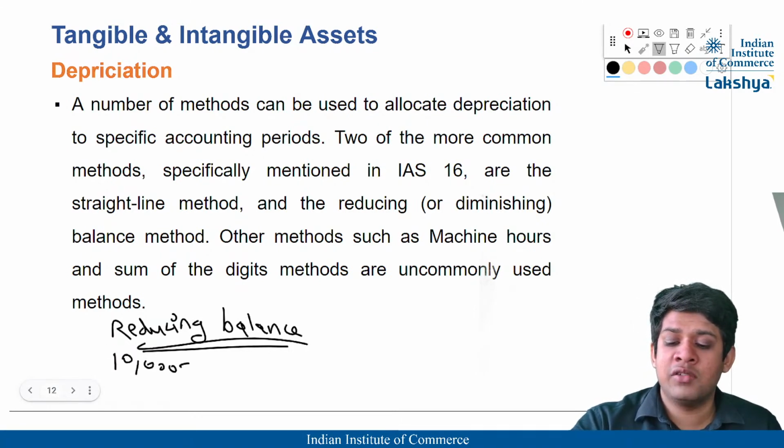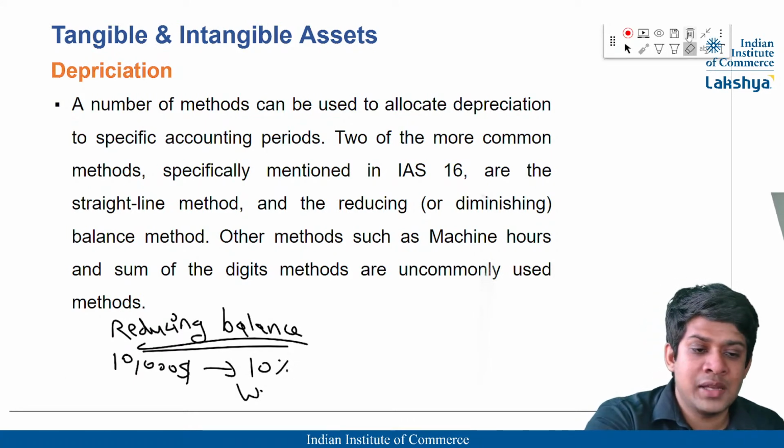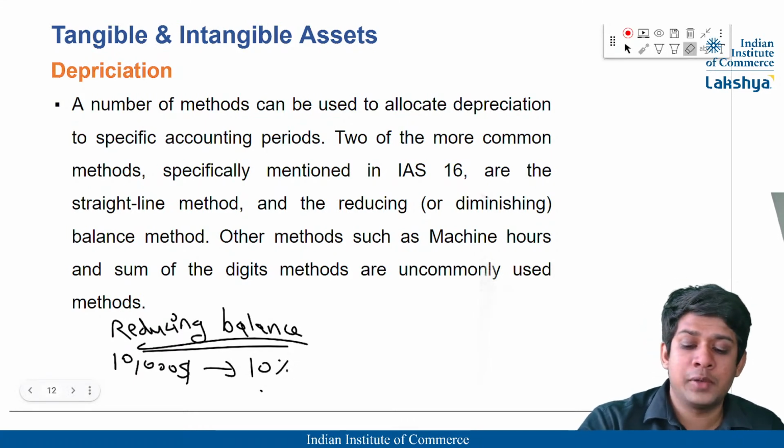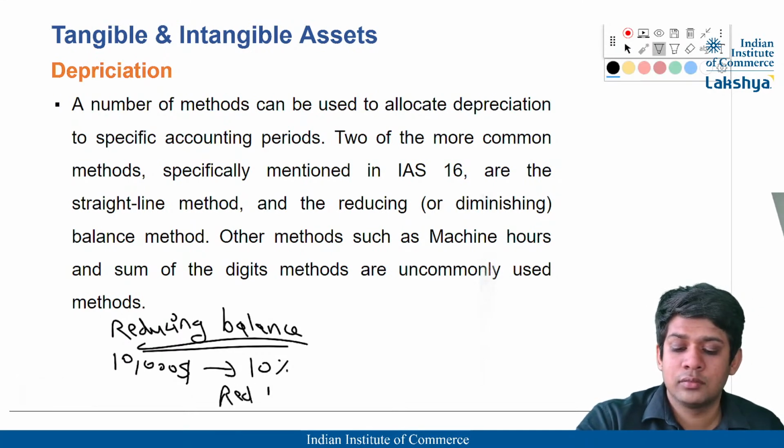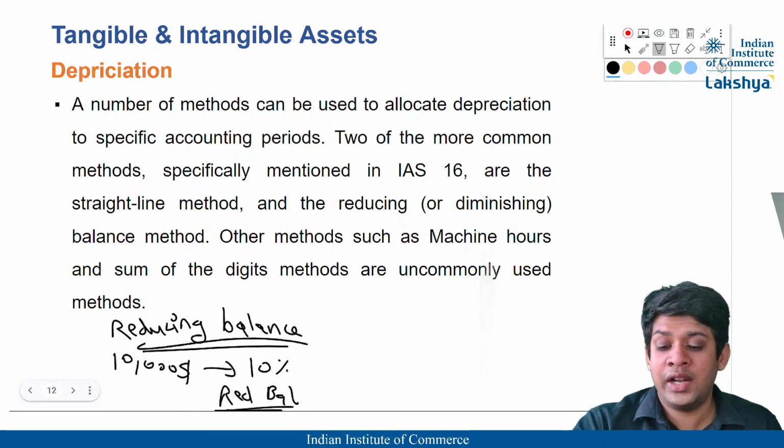Maybe say I have a machinery which has a value of $10,000 and maybe the depreciation is to be charged 10% on it on a reducing balance basis. Don't read it as Red Bull, okay? It is reducing balance. So it is going to be treated on a reducing balance basis.